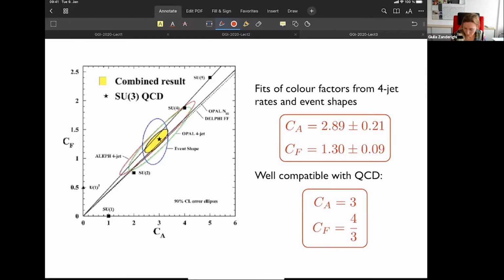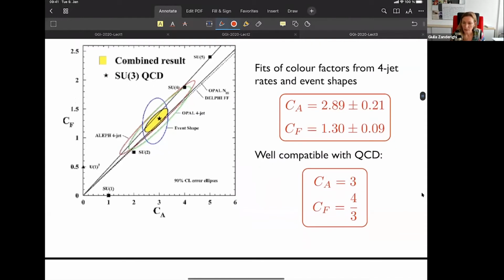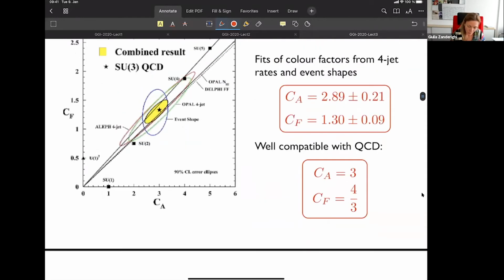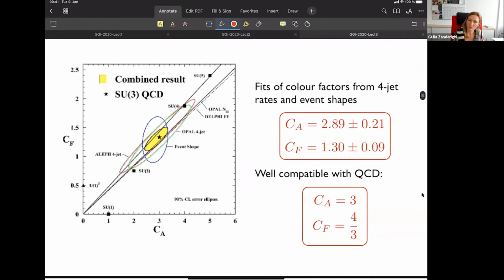You see that these fits are really compatible with QCD as we have it today. So this concept of infrared safety is at the end very important, because it means that you can compute things more and more precisely the more orders you compute. And when you have a theory prediction, you can compare it with data, and then you can extract information. So this closes this chapter that I talked about on infrared.